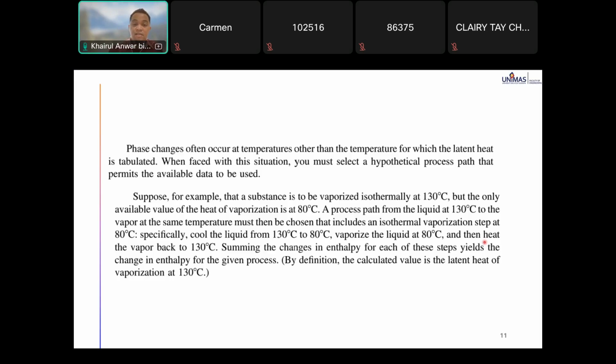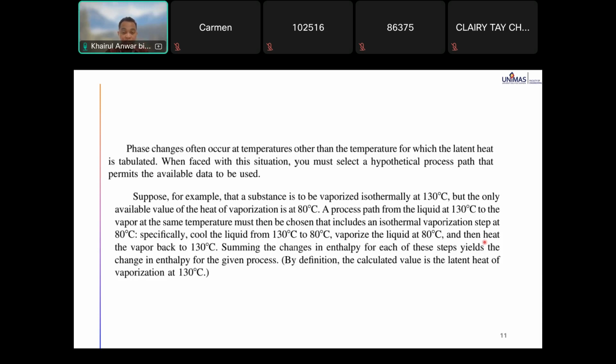Suppose, for example, that a substance is to be vaporized isothermally at 130 degrees C, but the only available value of the heat of vaporization is at 80 degrees C. A process path from the liquid at 130 degrees C to the vapor at the same temperature must then be chosen that includes an isothermal vaporization step at 80 degrees C. Specifically: cool the liquid from 130 to 80, vaporize the liquid at 80, heat the vapor back to 130.